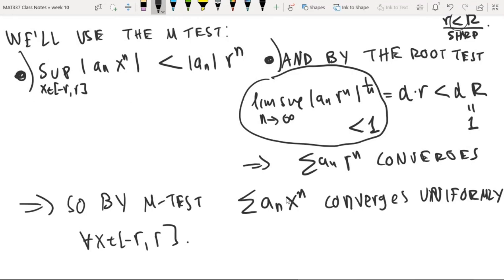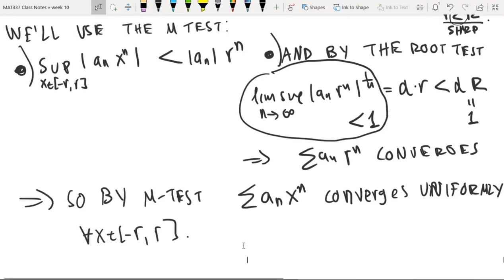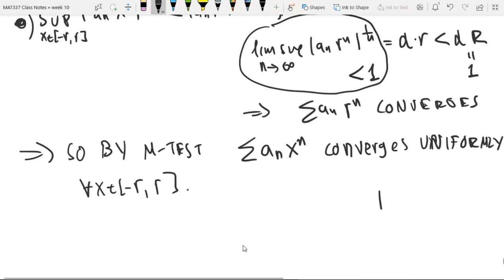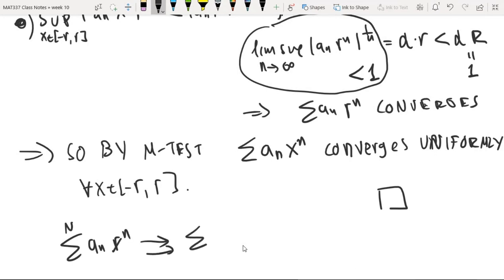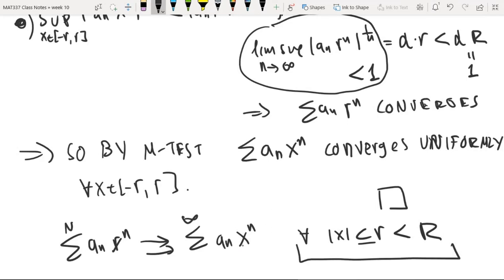Okay with everyone? Okay, so all right. So Hadamard's theorem tells you that this guy converges uniformly if you take all compact intervals.